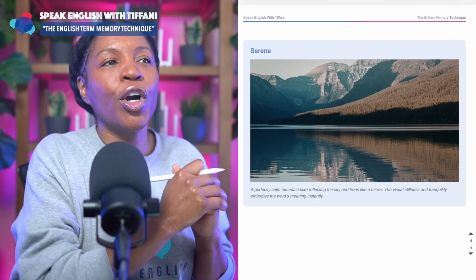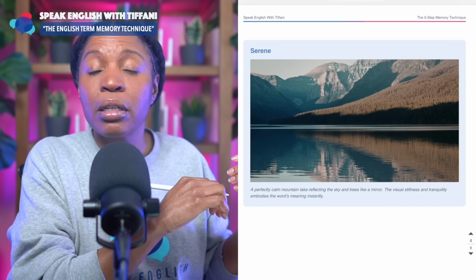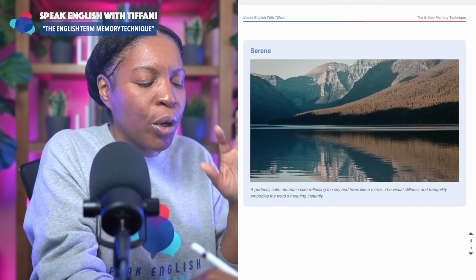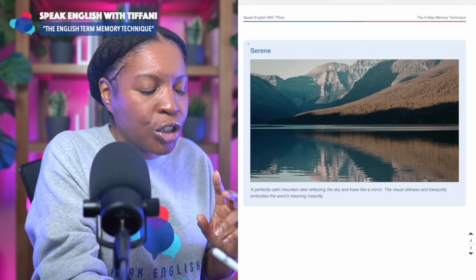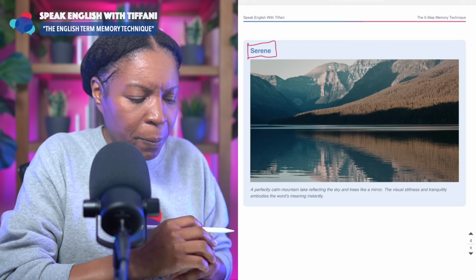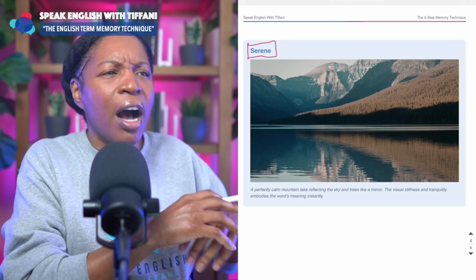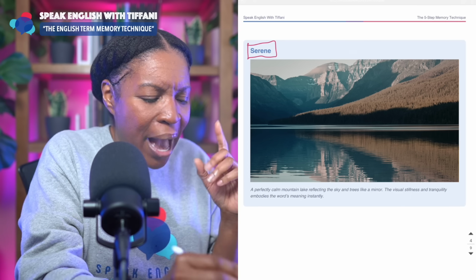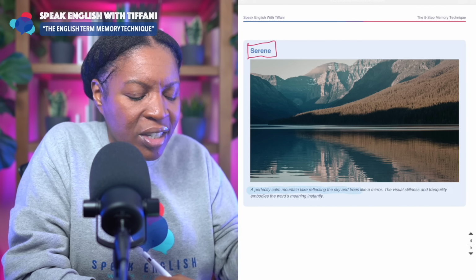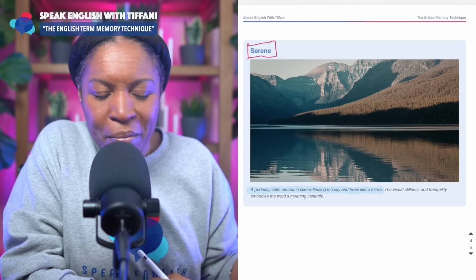But what if the word we chose was serene? We were studying the word serene and now we have it. So we're looking at this image. It's a beautiful image of a lake with mountains in the background, a perfectly calm mountain lake reflecting the sky and trees like a mirror.